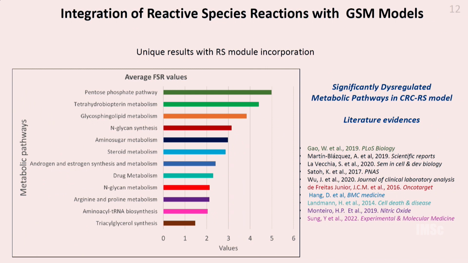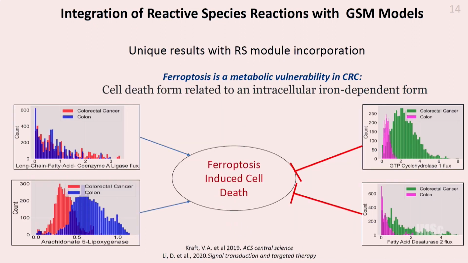So it shows that by just adding 240 more reactions, we can get far better insight into cancer metabolism. Particularly, the students found a very interesting fact: ferroptosis, which is a cell death related to an intracellular iron-dependent form, is quite predominant in our model. We found ferroptosis to be one of the metabolic vulnerabilities in CRC, and there are certain dysregulations. You can see this.